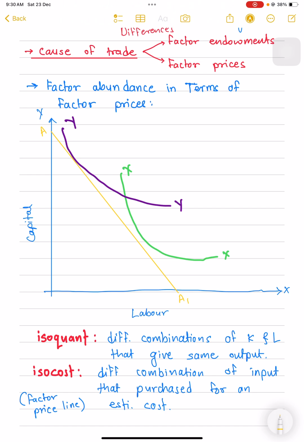Assuming that each isoquant represents one unit of the respective commodity, then one unit of Y will be produced at this point.